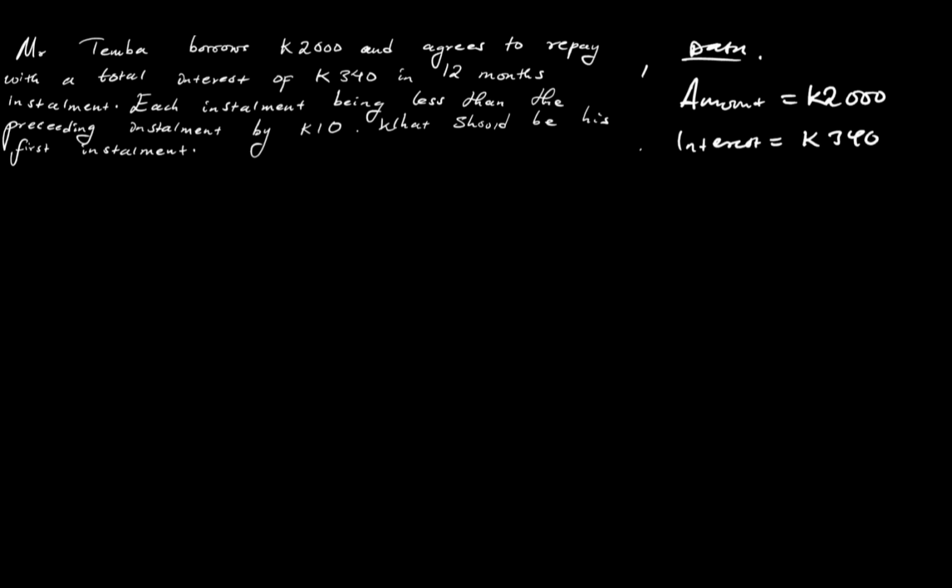Now, what will be the total amount of money that he has to pay? So, total amount is equal to 2,340 kwacha. So this is the total amount of money that Mr. Ntemba has to pay in 12 months. So the duration, like I've been saying, is 12 months.